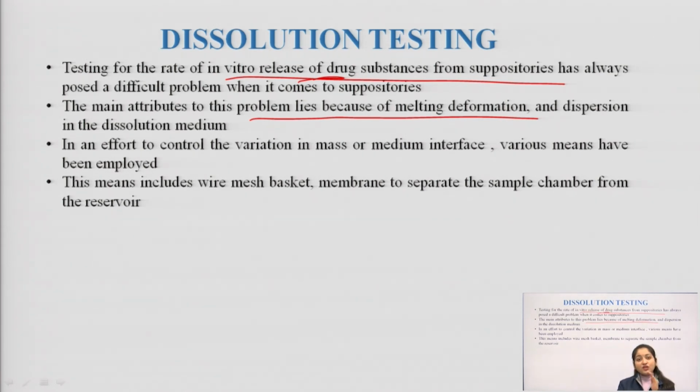So it is very important when we are performing this test, and as just discussed, the melting point of suppositories is important to study, because it helps us understand at what point the suppository is going to melt and at what temperature it is going to show its action, so that a proper efficacious dosage form can be built up.